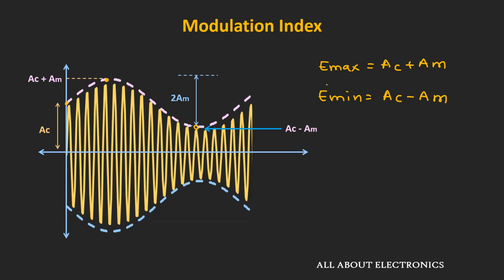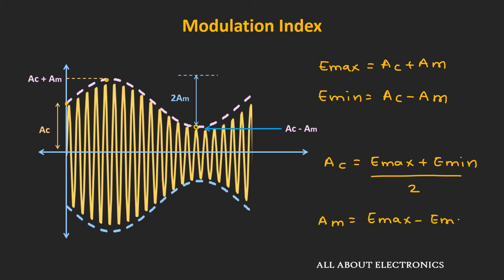And if we just solve these two expressions, then we can find the value of the AC and AM in terms of the Emax and the E minimum. That means AC is equal to E maximum plus E minimum divided by 2. Similarly, this AM can be written as E maximum minus E minimum divided by 2.